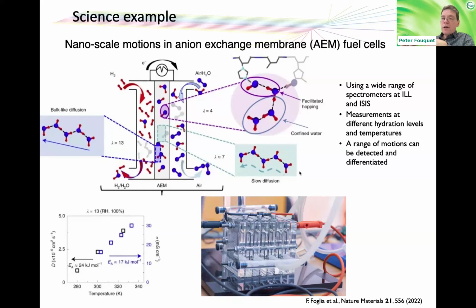And by separating them out, by changing the temperature and the relative humidity, you can really distinguish the different motions and get a lot of experimental information that's otherwise only available via calculations, molecular dynamics or DFT.